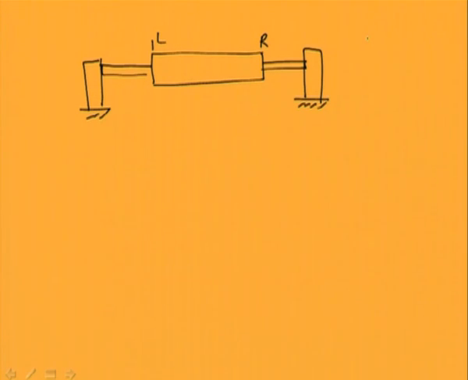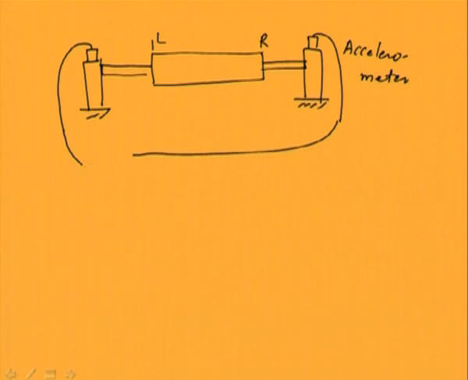We can have an instrument called an accelerometer, which measures the acceleration and which can be integrated to get the velocity or displacement. So, these can be used.